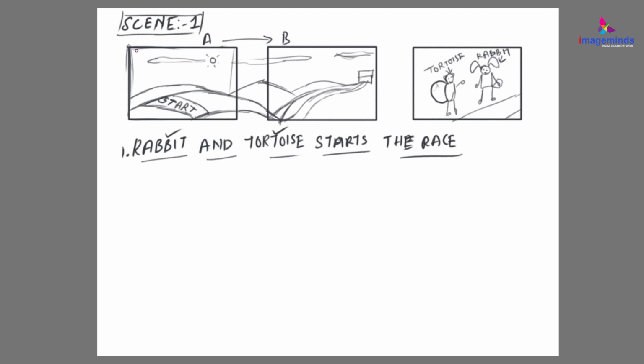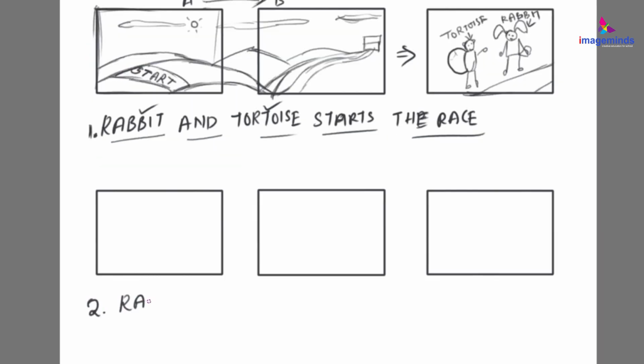So the camera would slide, okay, and we'll call it panning of camera from point A to point B. The next scene that you see is the rabbit and the tortoise at the starting point. Okay, so this is how you do scene 1 of the first story.